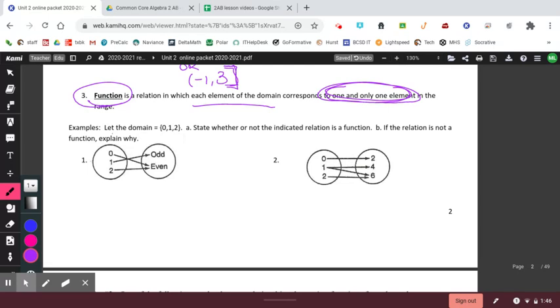Okay, so no x value may map to 2 different y values.